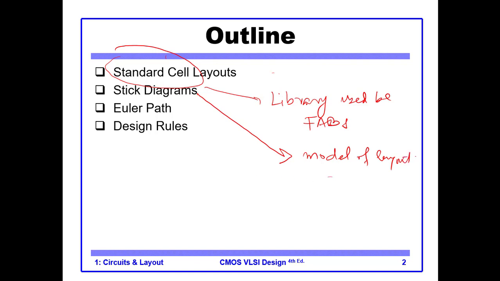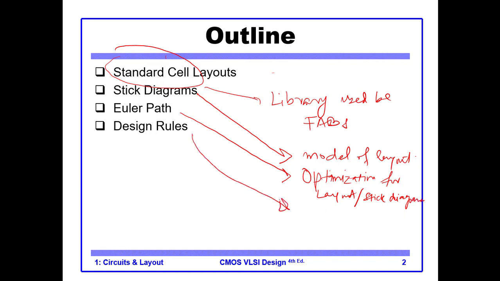Then we will discuss Euler's method or Euler's path, which basically is a certain kind of optimization for layout slash stick diagram. So a stick diagram is just a simplified form of layout.